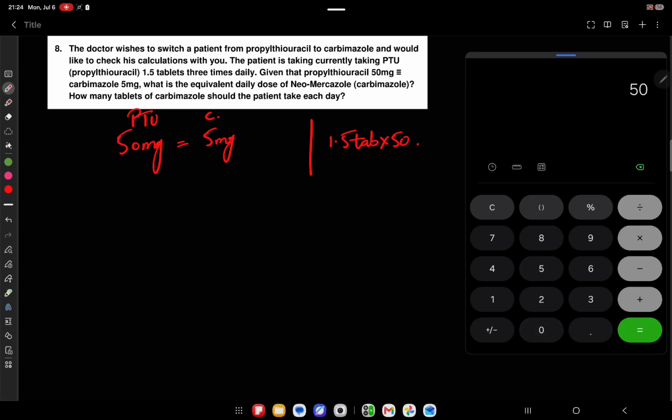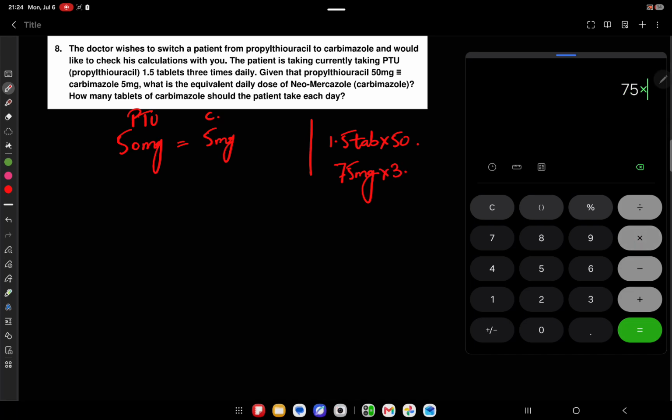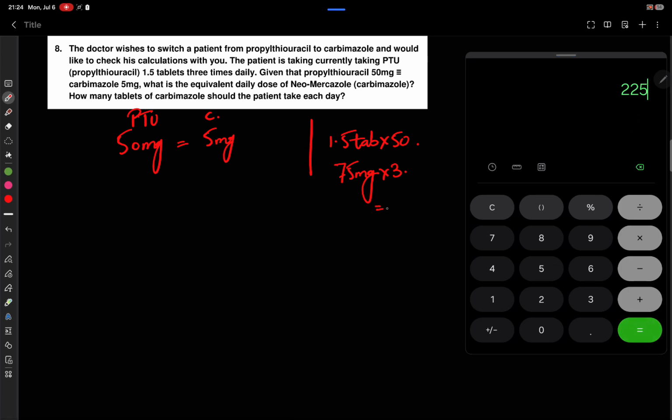So 50 multiplied by 1.5 means 75 milligram at one time. Three times a day, so we further multiply it by 3. 75 multiplied by 3 is 225 milligram. So the total daily dose is 225 milligram.